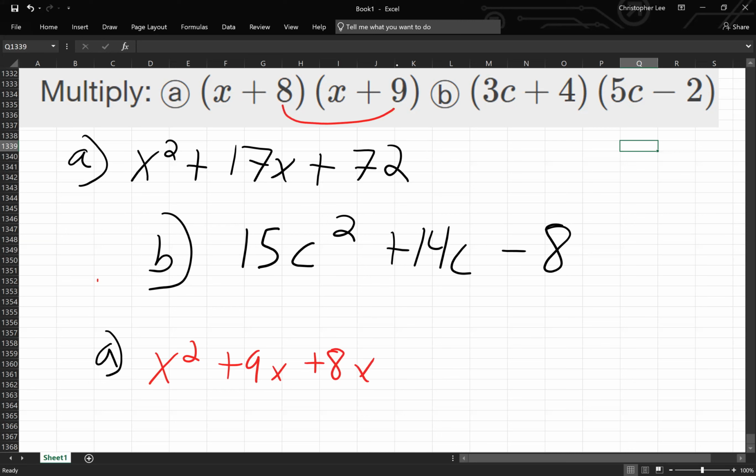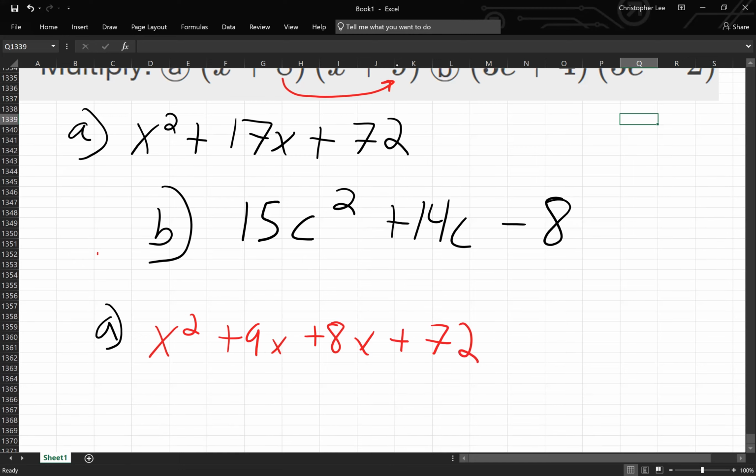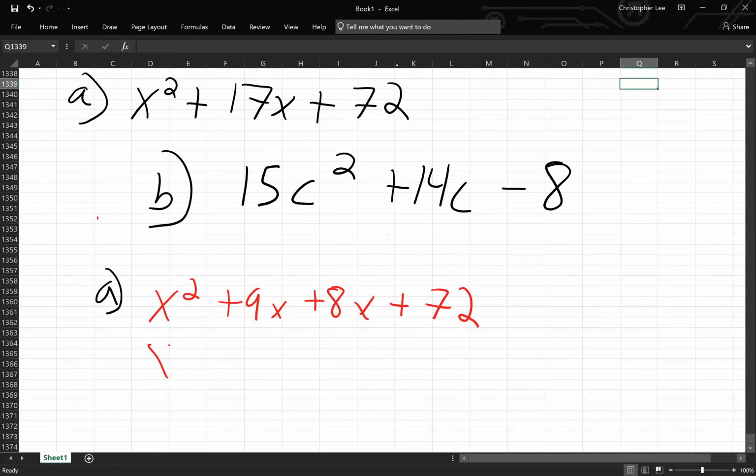And then I want to do 8 times 9, which is gonna give me a positive 72. And then the 9x plus the 8x, right? That's the 17. Yeah, so that's how that comes. Questions on that?